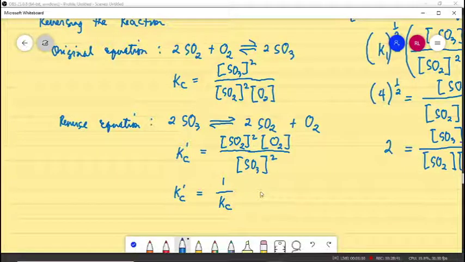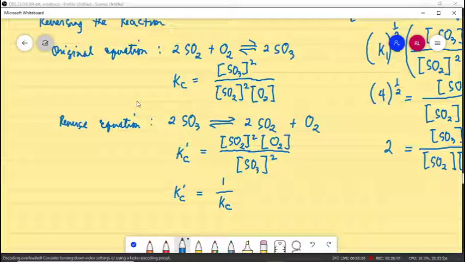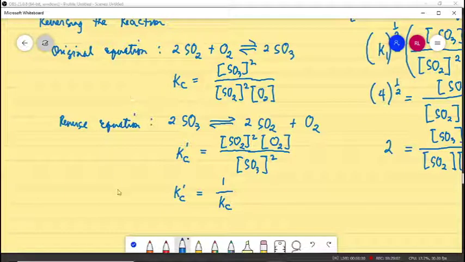So what will be the equilibrium constant if you reverse the equation? The value of the equilibrium constant is just the reciprocal of the original value of the equilibrium constant.